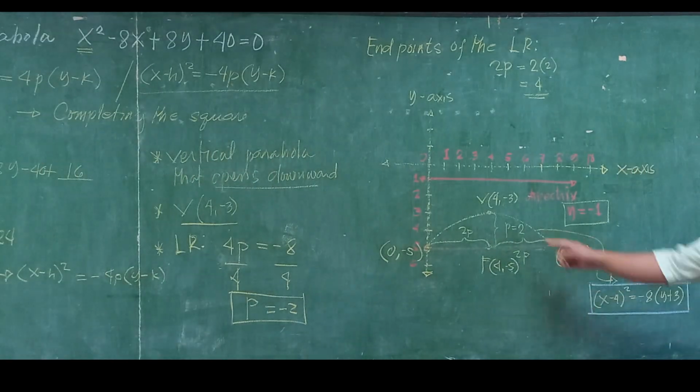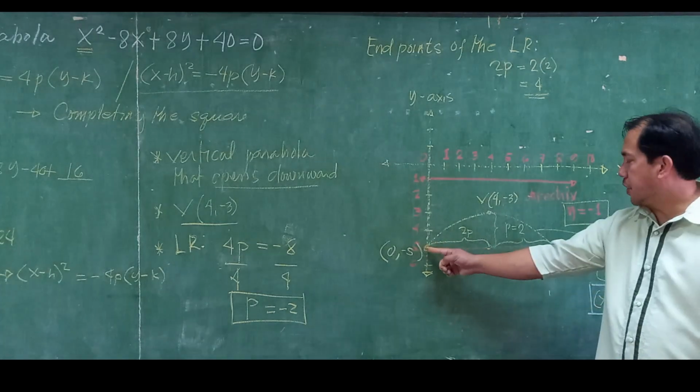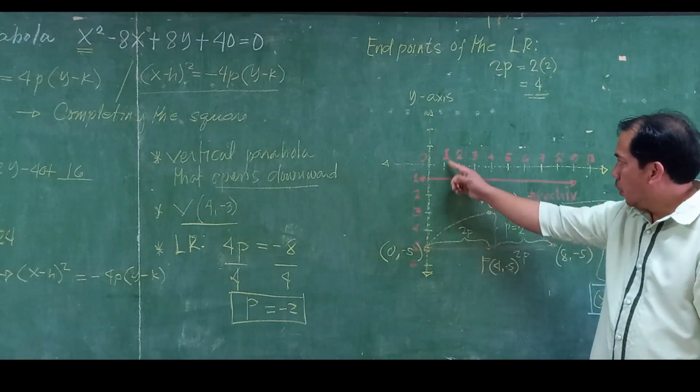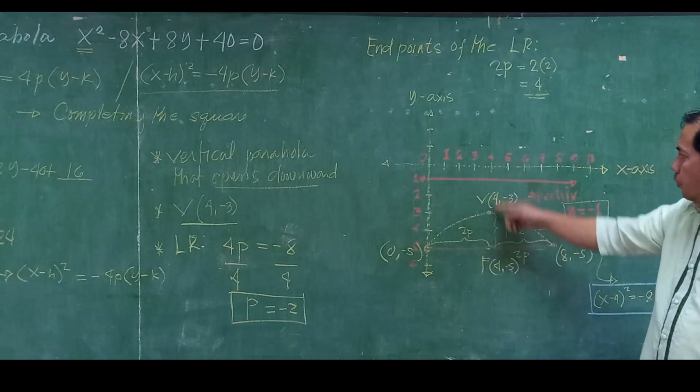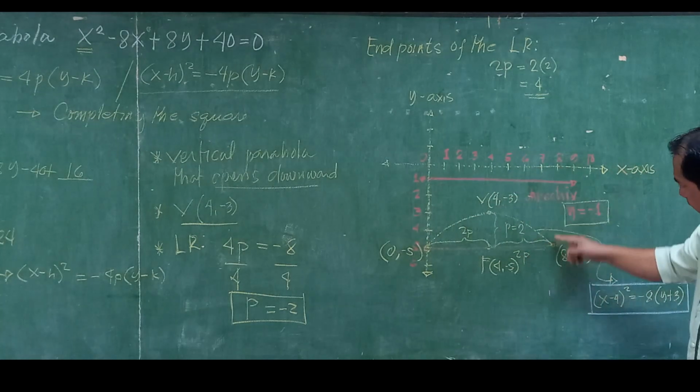The name of our parabola is (x - 4)^2 = -8(y + 3). Notice that our latus rectum can be seen here, that is 8 units: 1, 2, 3, 4, 5, 6, 7, and 8.